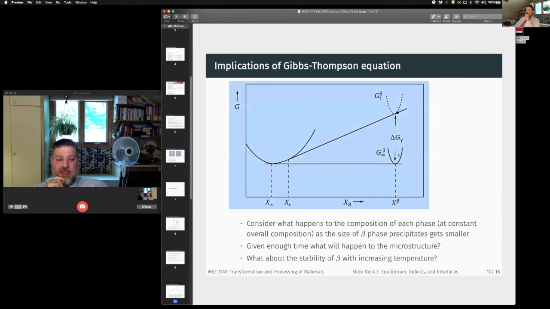So given time, we can reduce our overall energy. And this is called coarsening or Ostwald ripening, and it's the last little bit I'm going to mention today.